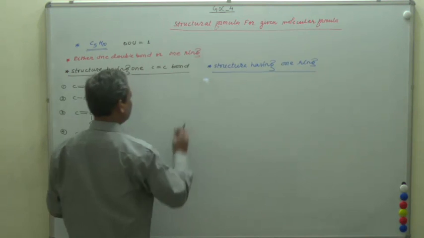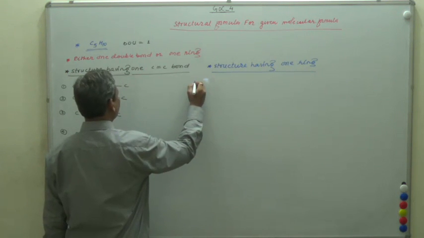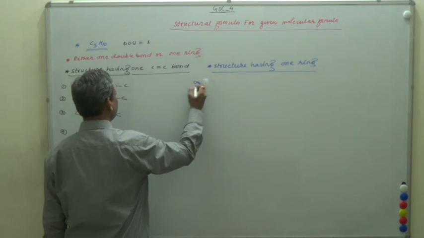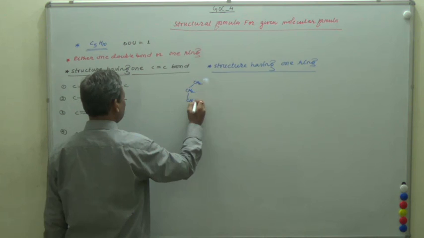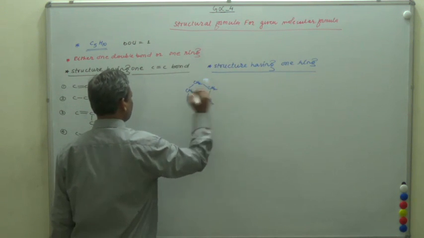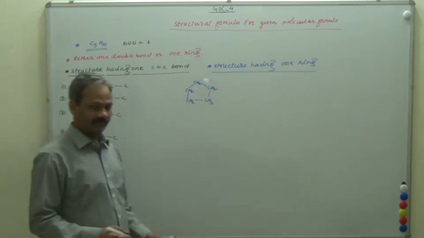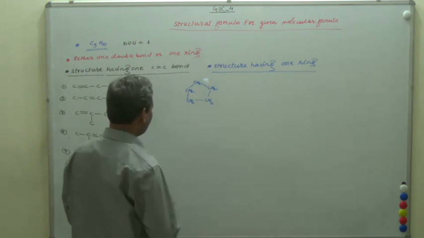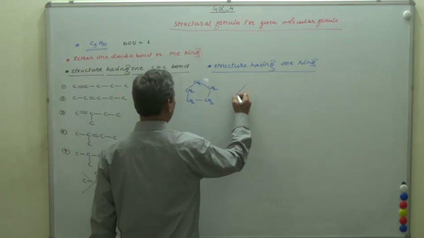So now start with the first structure having a ring of 5 carbon atoms. So CH2, CH2, CH2, CH2 and CH2. This is a cyclic compound called a cycloalkane. So this is cyclopentane.